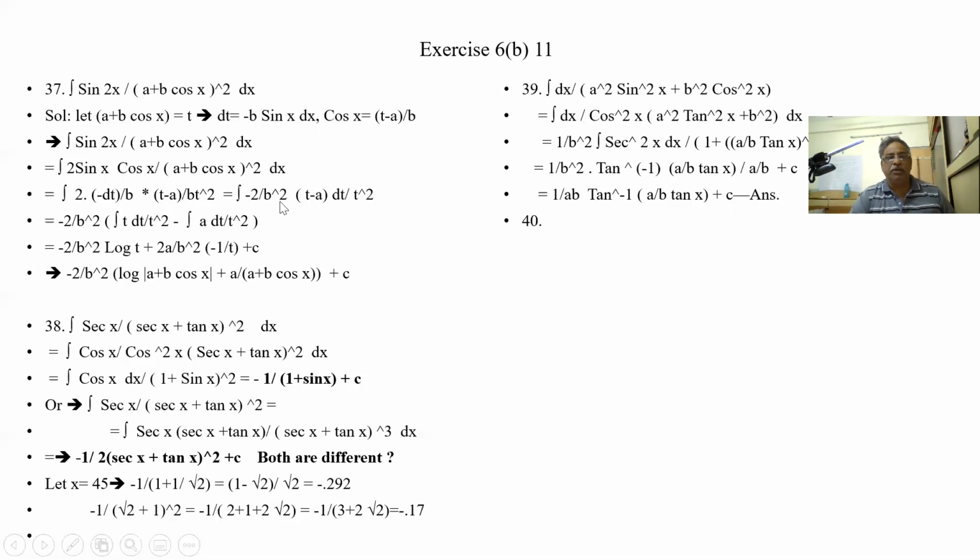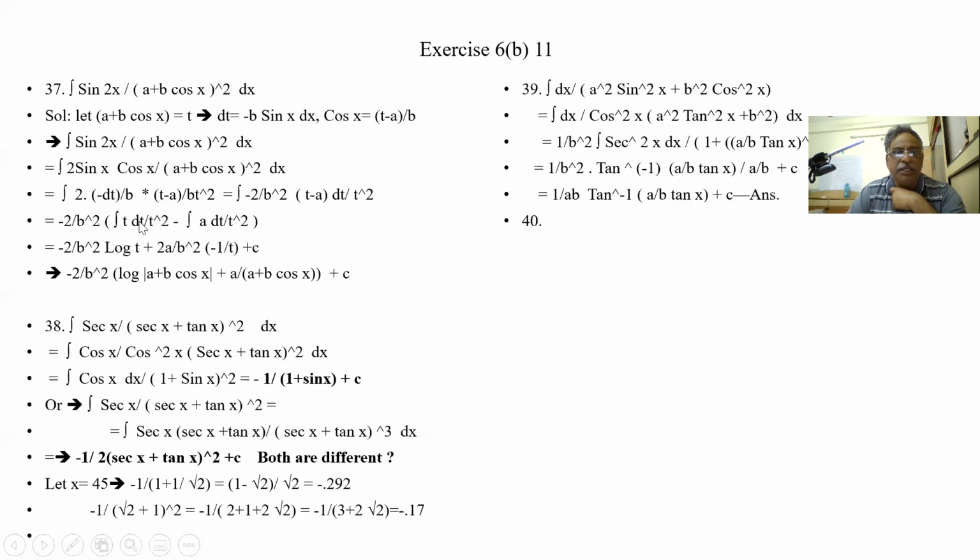If I take out the constant terms, t minus a dt by t square. I can separate this as 1 by t minus a by t square. 1 by t is log t. A by t square gives minus a by t. In case of t, I am using mod, because the logarithm is always under mod. Plus c. So if I take this bracket as t and substitute all others in terms of t, I get a simplified expanded form: integral t dt by t square.